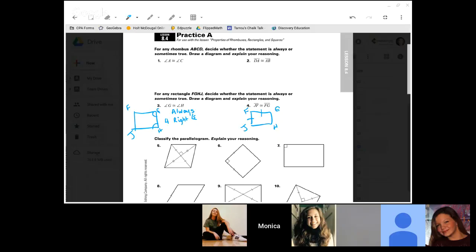So does that look like the information that we have for a rectangle? So since it could be a square, is that always going to be true for a rectangle or only sometimes?